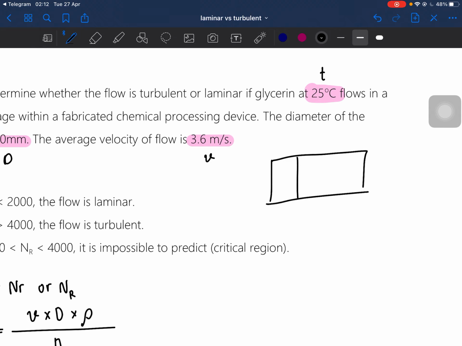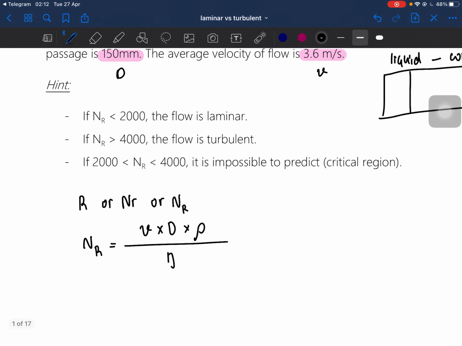There will be types of liquid and their constants, so you can just look from this table at some specific temperature.